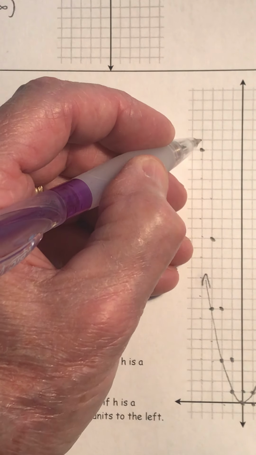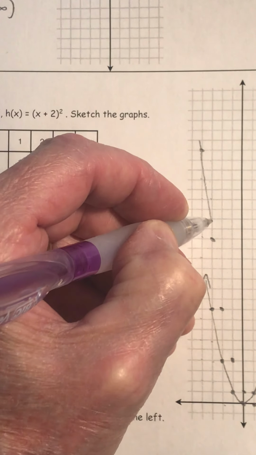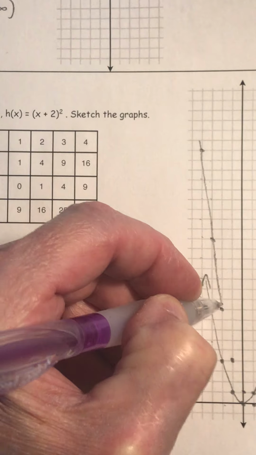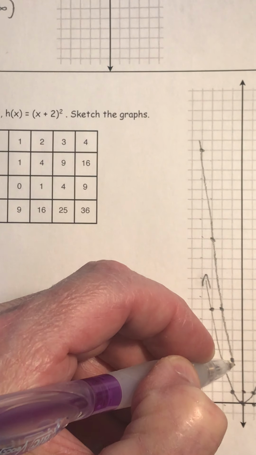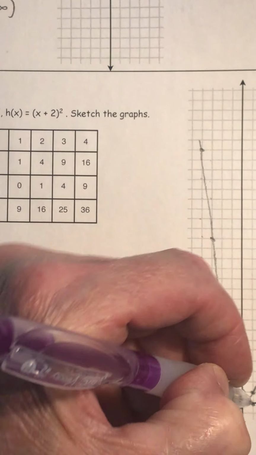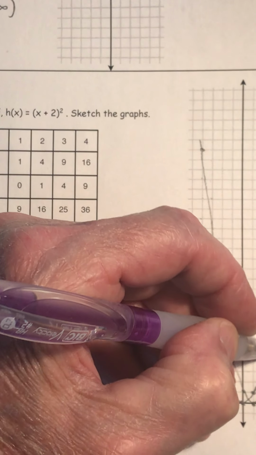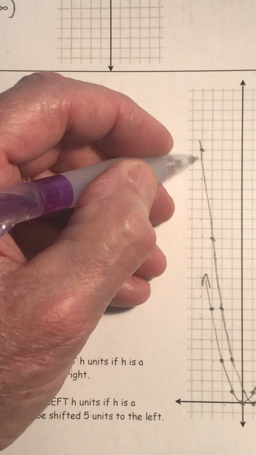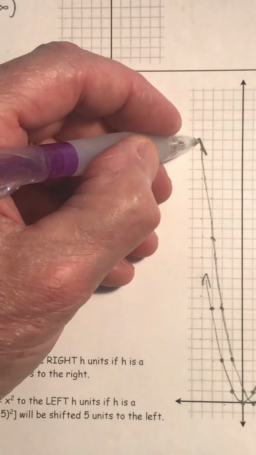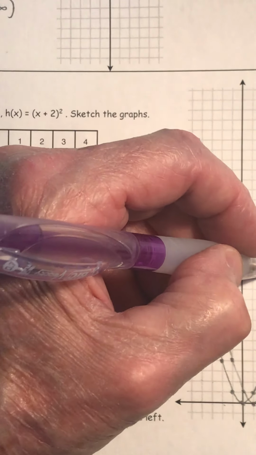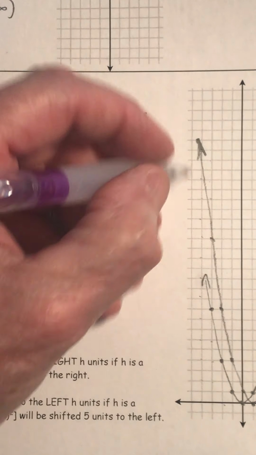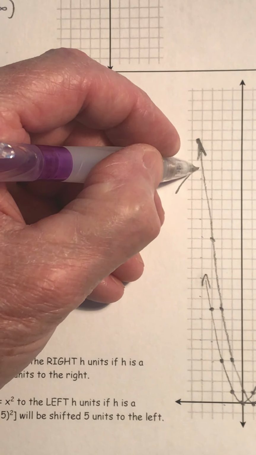Now if I connect these points as carefully and neatly as I can, and compare the G graph to the F graph, it's getting a little crowded already.